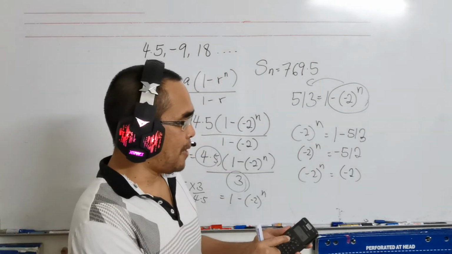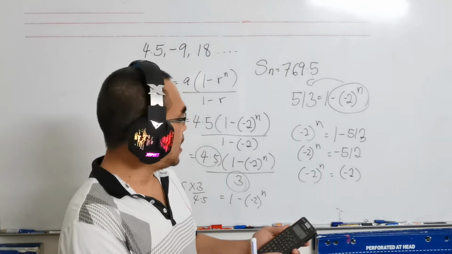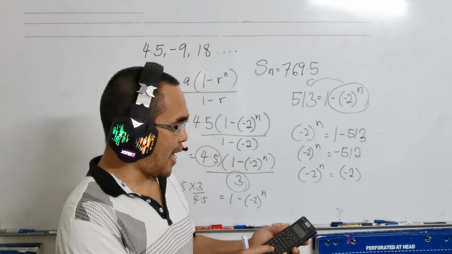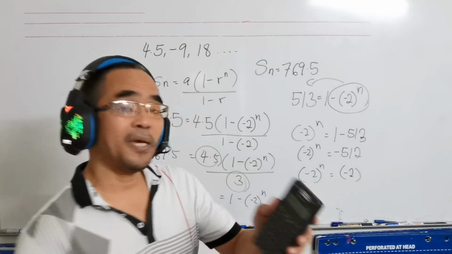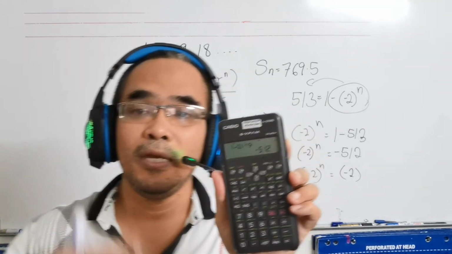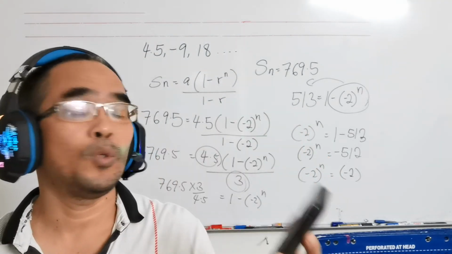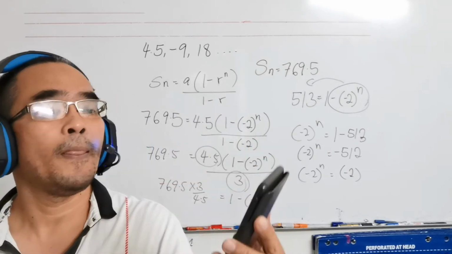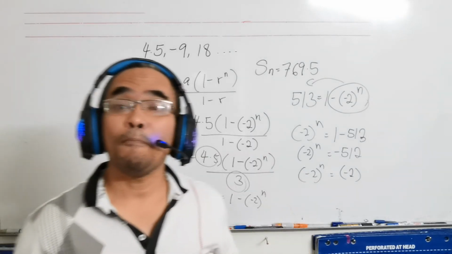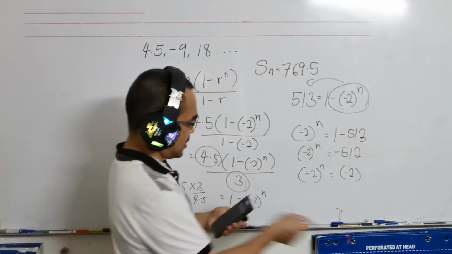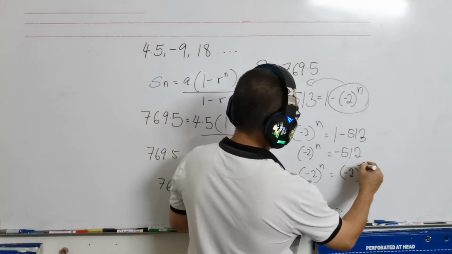If the power you change to the power of 9, then it become negative. Because just now the power of 8 was positive. Now, it is negative.